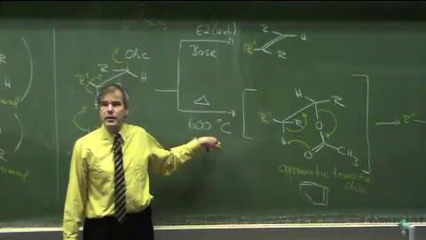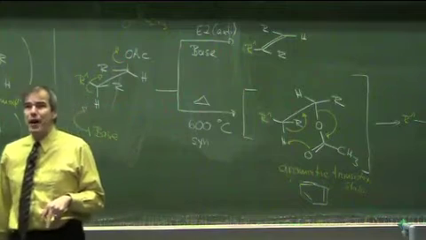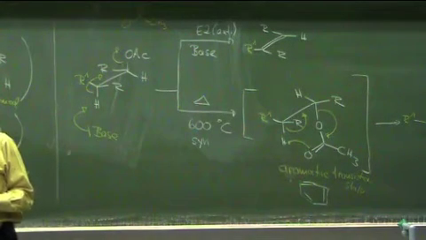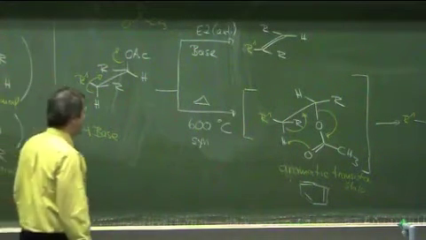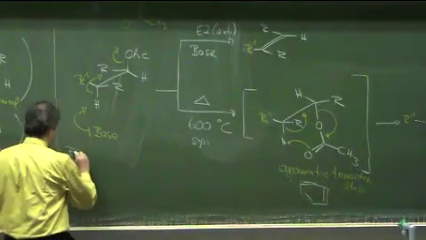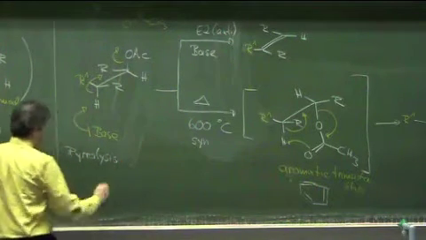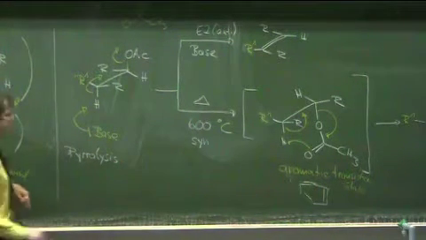Nevertheless, you see pretty high temperature, 600 degrees. Now, organic molecules are usually not very happy at 600 degrees. So the question is how to do this. And the technique you use here is to do a so-called pyrolysis reaction.